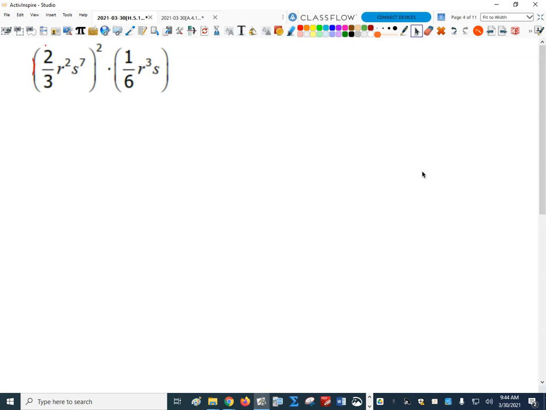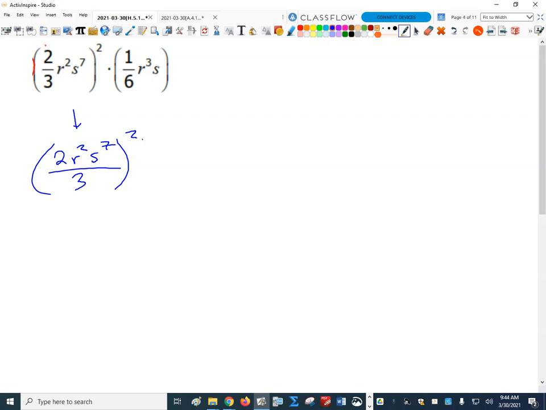So the very first thing I would do here is I would say, let's turn this into a fraction bar, and it's going to look like 2r squared s to the 7th over 3, quantity squared. Now, one thing that allows us to do is, we can't do anything in this case, but sometimes when we do that, we're able to do some simplification inside the parentheses.